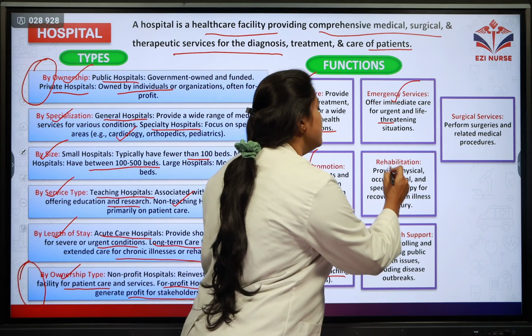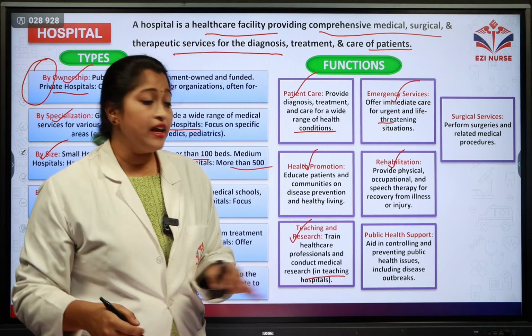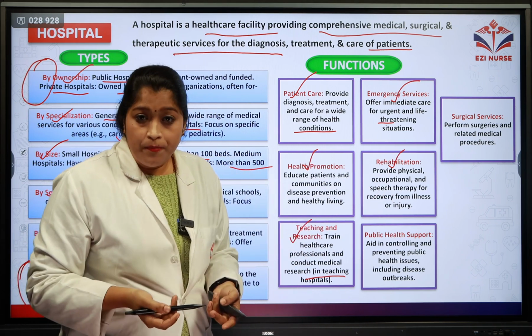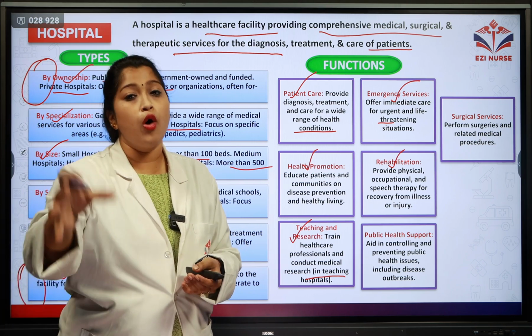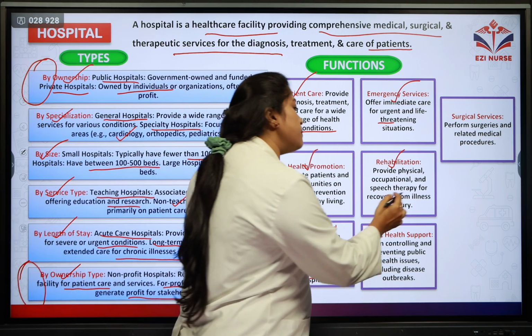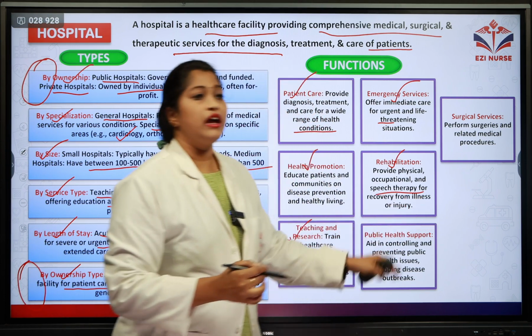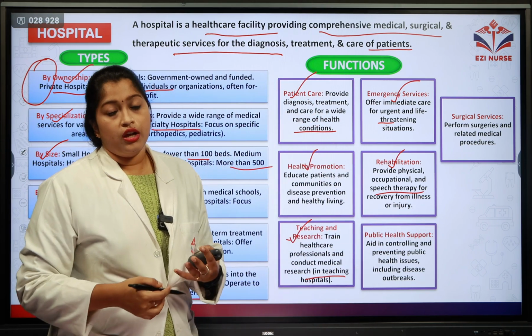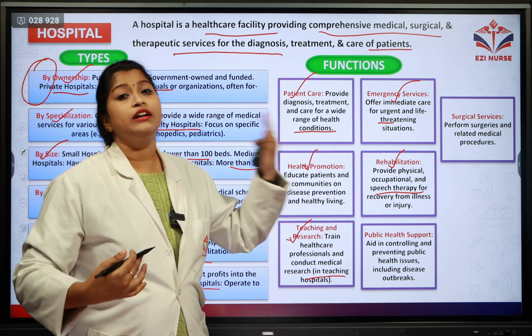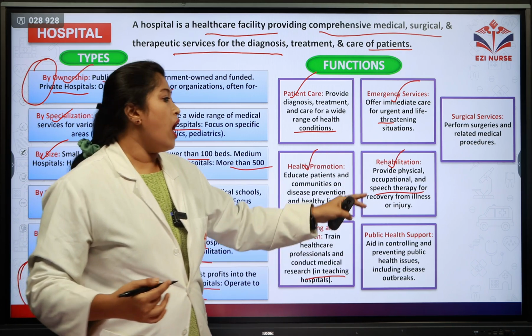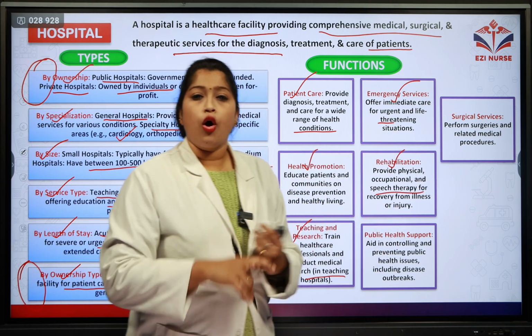The next function is rehabilitation. They provide physical, occupational, and speech therapies for recovery from illness or injury. They give that recovery and rehabilitation to the patients who are present in the hospital.